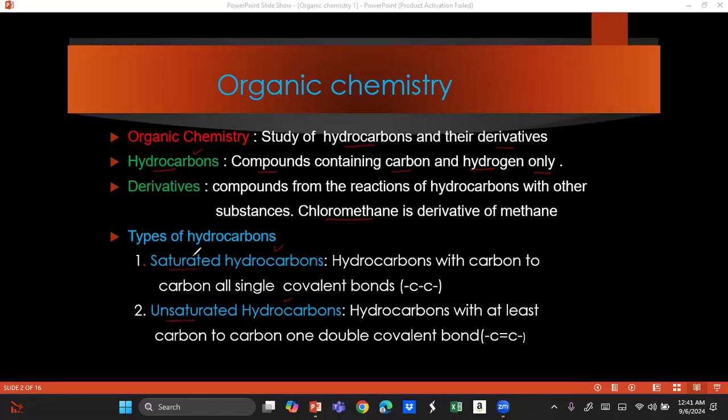A saturated hydrocarbon means there must be at least one carbon to carbon single covalent bond. In short, we can say that alkanes are saturated hydrocarbons. What are alkanes? This is a homologous series.